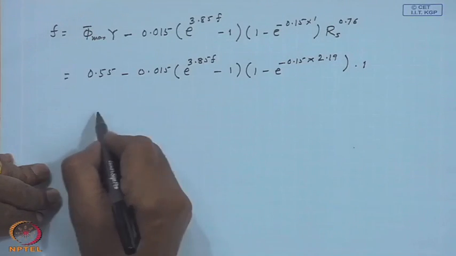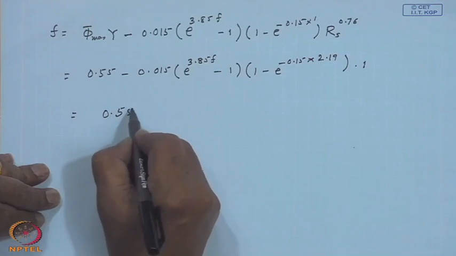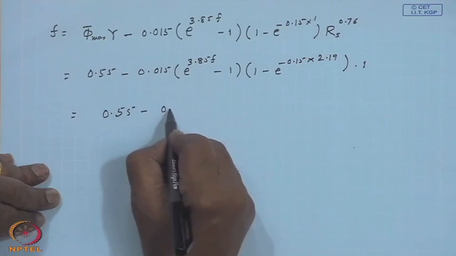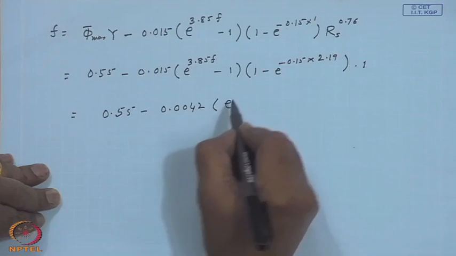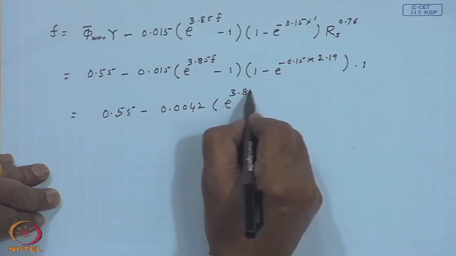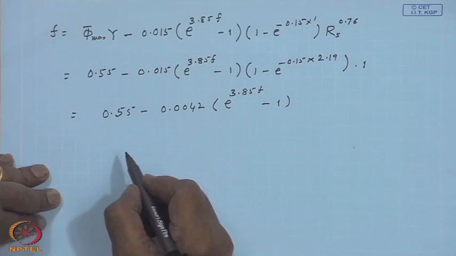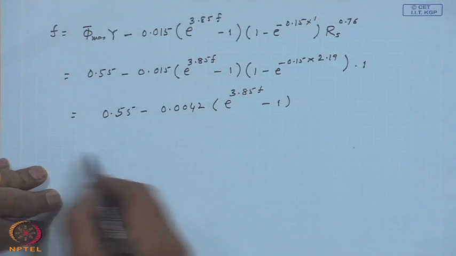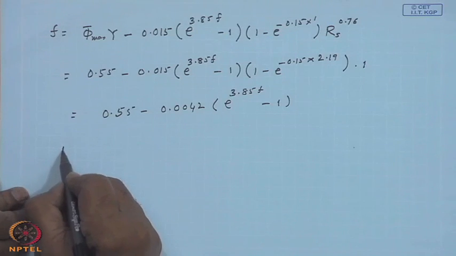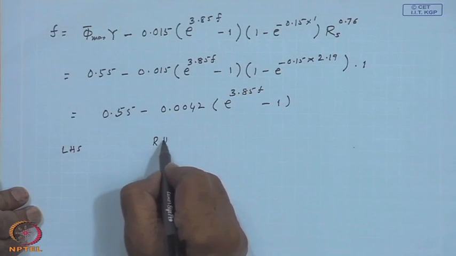So, this is 0.55 minus 0.042 e to the power 3.85 f minus 1. So, what I have done is I have set myself up a table, to calculate the LHS and then the RHS.